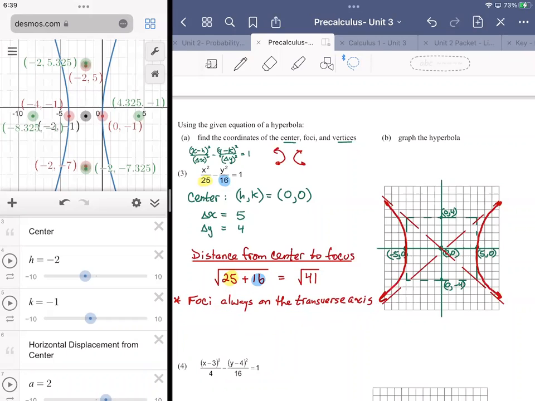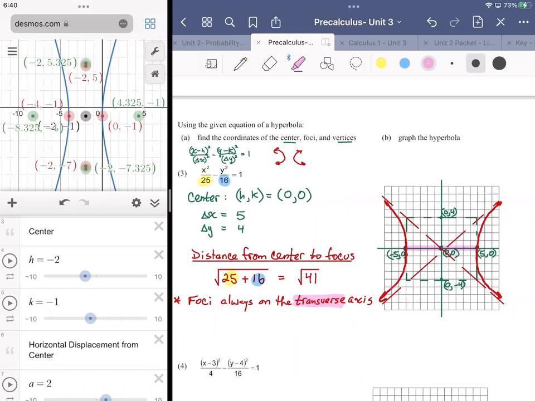That's why we needed to know that. The transverse axis is the axis that connects, I'm going to go with that pink color here, the two relevant vertices.